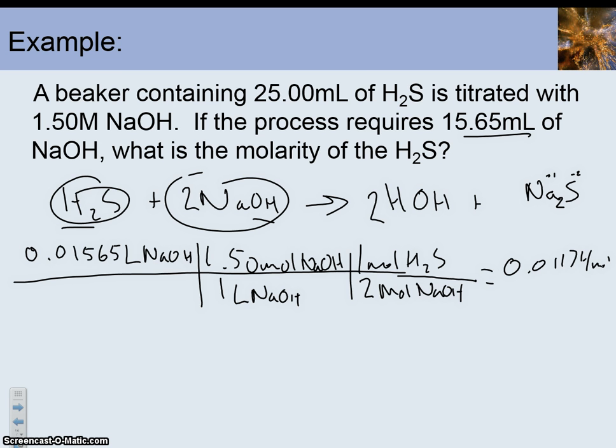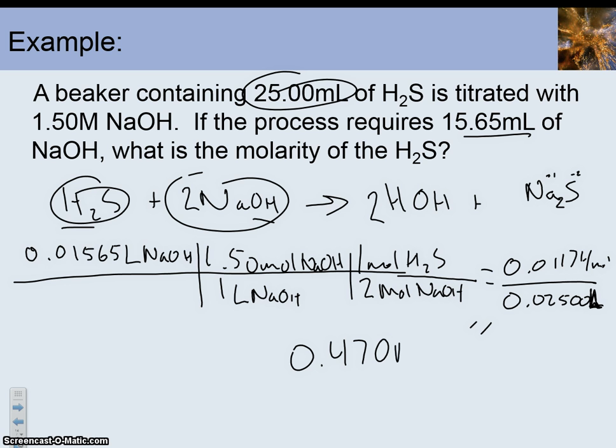That number of moles is going to be dissolved in 25 milliliters of H2S. So that's going to be 0.02500 liters. We've got to change that to liters. So if I do the math there, I find my molarity is 0.470 big M of H2S.